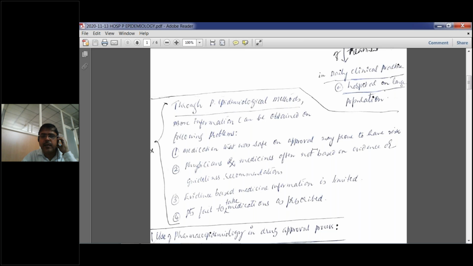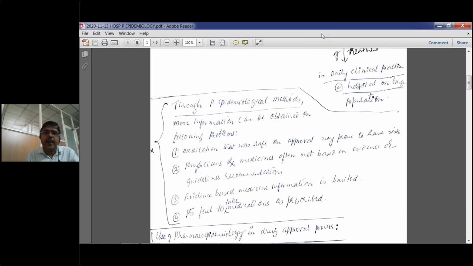When it enters the market, parallelly, the medical representatives from the company will visit the doctors. When they visit the doctors, especially for a product newly launched in the market, they are going to explain about the new product, its efficacy, safety, cost effectiveness, duration of treatment required, and so on.